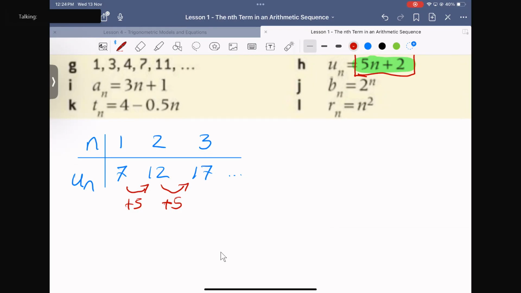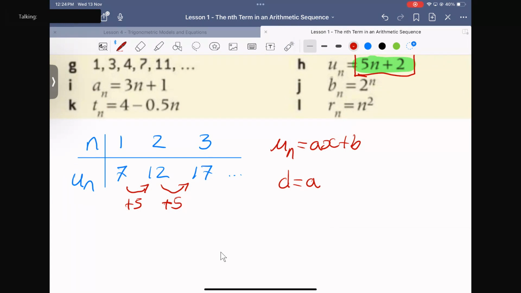An arithmetic sequence is always of the form ax plus b, where the common difference is the value a. Geometric ones are exponential, just as a side note.